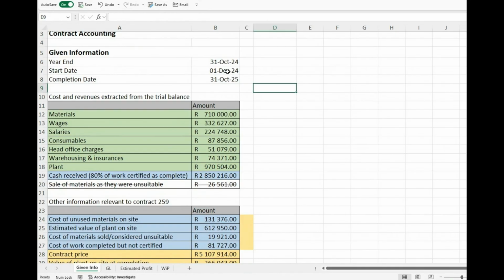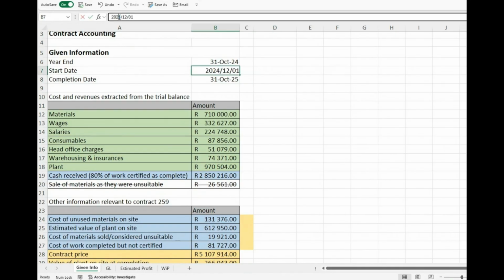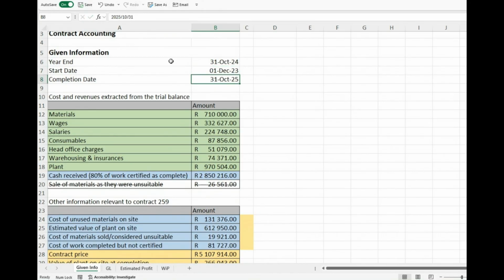So let me quickly change that, guys. You cannot have that start date in the future. So obviously that was 1 December 2023. And then your completion date is the 31st of October 2025. So you still have an entire year to go on this contract.